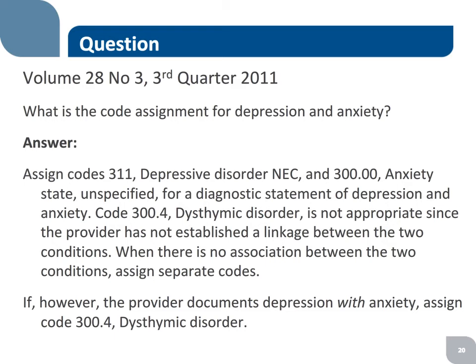So if this said depression with anxiety, you'd be coding the combination code for 300.4. But because they use the word and, you're coding them separately. So sometimes this makes a difference in the values. So we want to make sure, and that is a little odd, so that's why I wanted to put that in there for you.